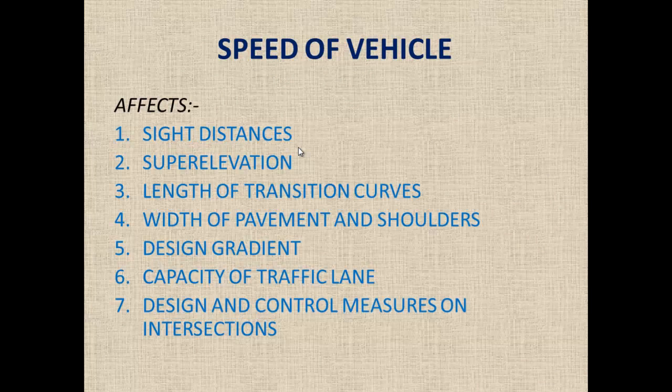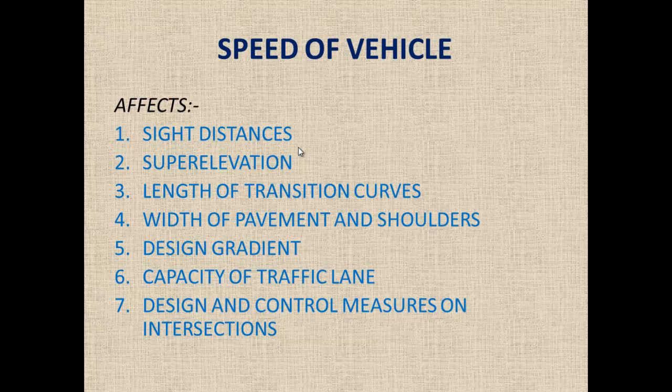Moving on, now another dynamic characteristic is the speed of the vehicle. What does the speed of the vehicle affect? These are the points which are enlisted on the screen. It affects the sight distances. What are the sight distances? These might be the stopping sight distance and the overtaking sight distance.